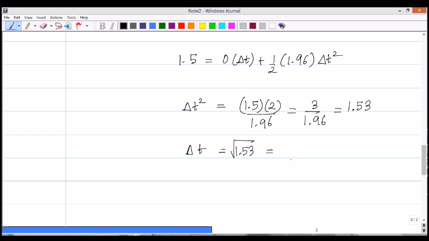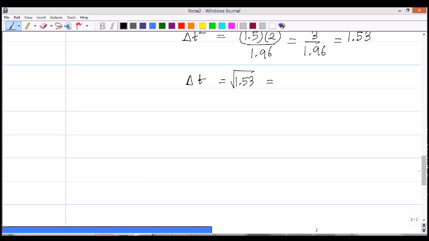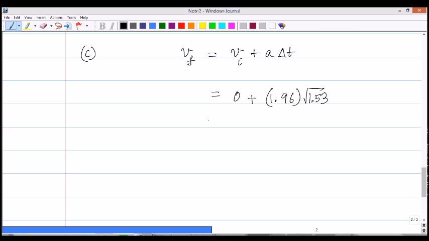So this gives us the time for the problem. And now with this time we can also figure out the velocity with which it lands, and this is simply equal to vi plus a times delta t, which happens to be 0 plus 1.96 multiplied by the square root of 1.53, which happens to be 2.42 meters per second.